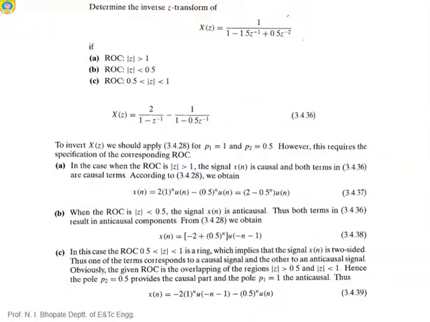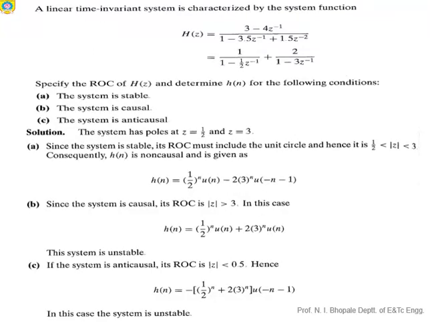So this is about how to correlate things with respect to finding the inverse Z transform as well as finding the ROCs. The same thing is discussed for this next problem. In this particular problem, H of z is given to us.